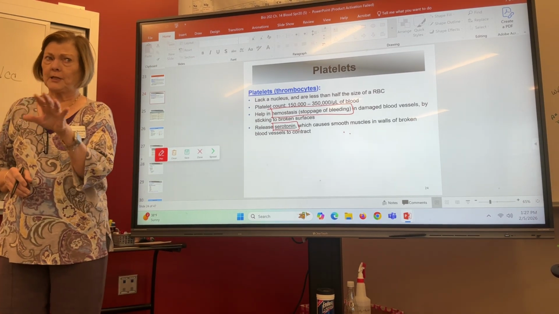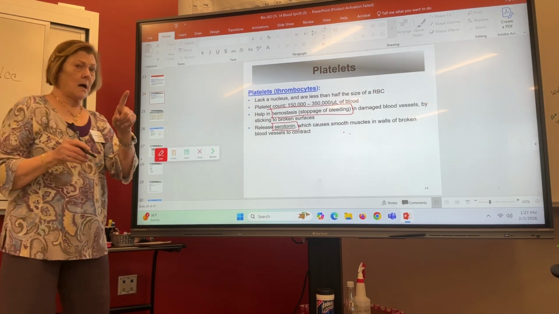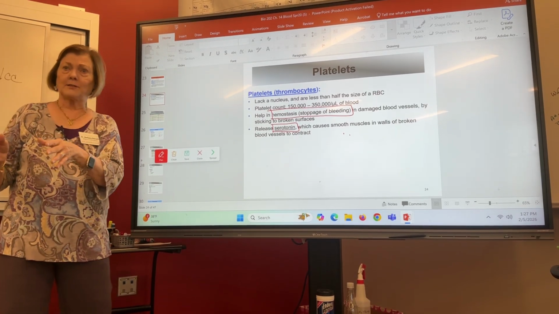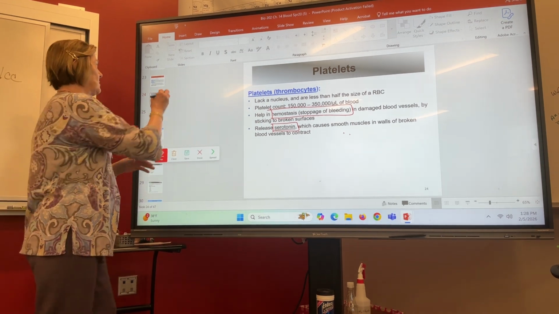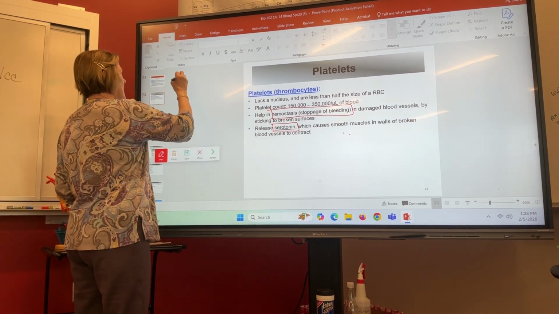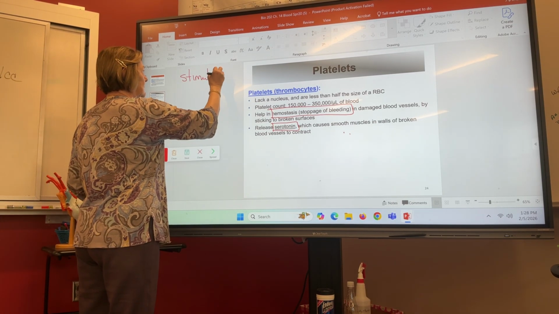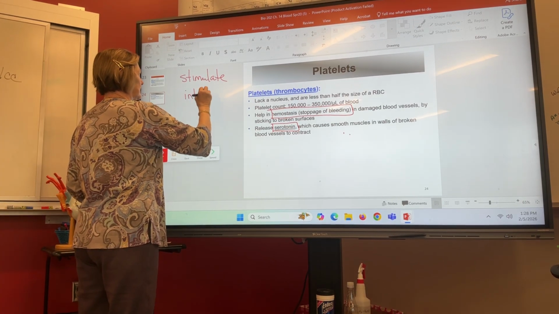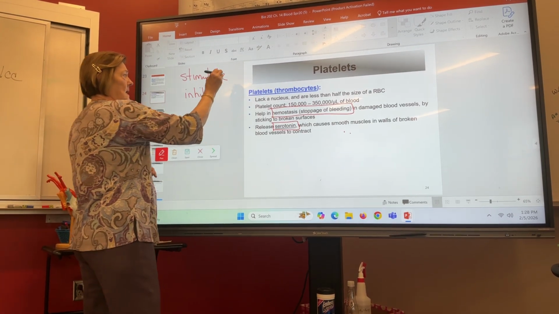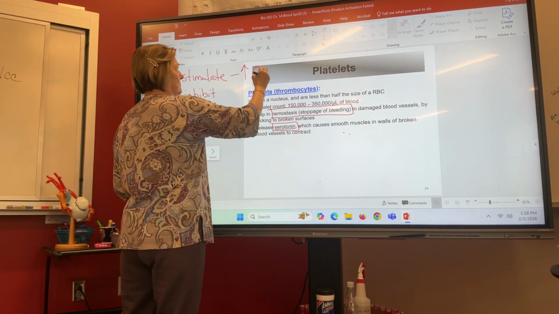Words that I just expect you to understand, which we learned last time. In all honesty, I'm surprised that some of you did not understand this: stimulate, inhibit. Stimulate means to increase or to turn on.